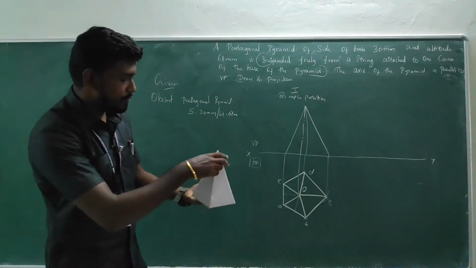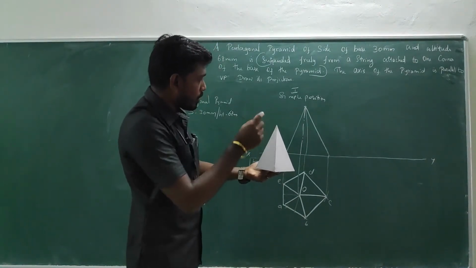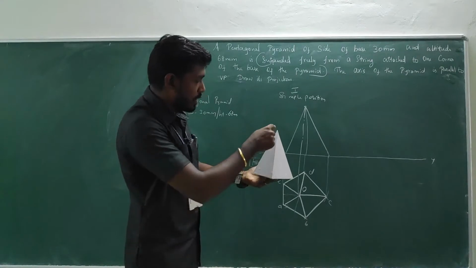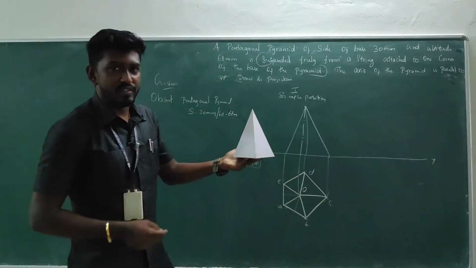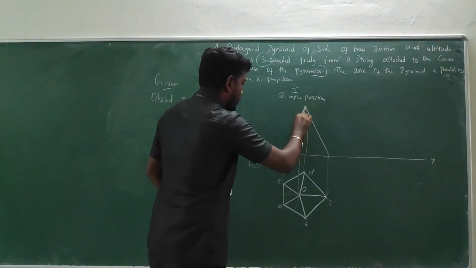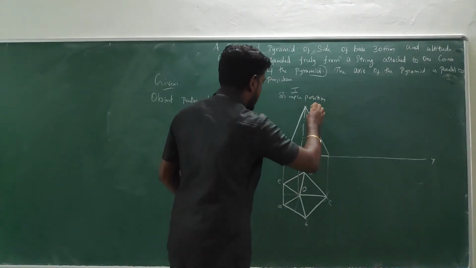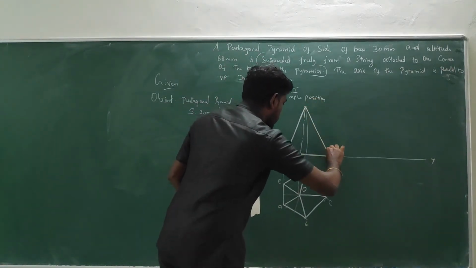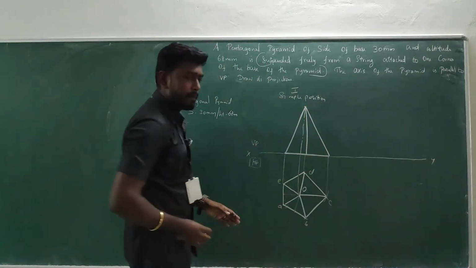When you are looking from the front, the edges A to apex O, B to apex O, and then C to apex O will be visible, right? So make all those lines dark. These are the edges that can be visible.